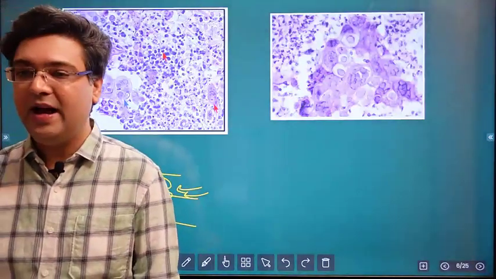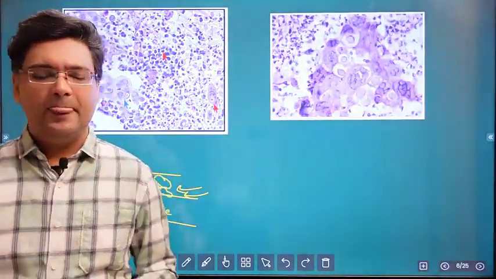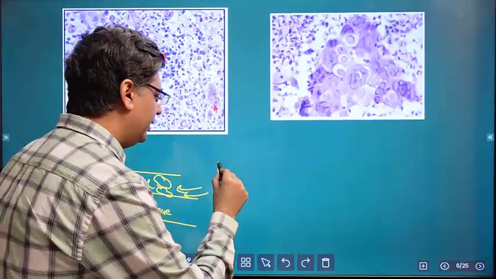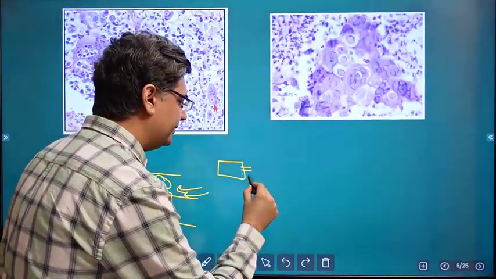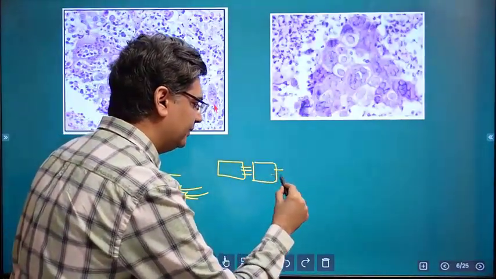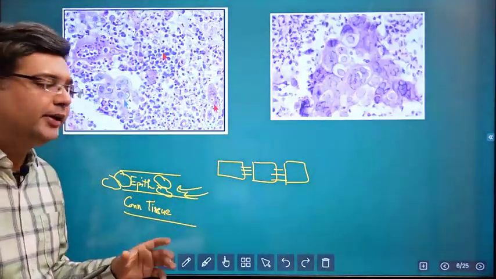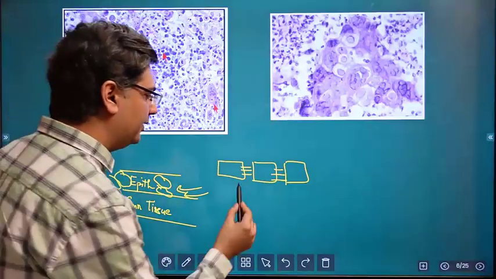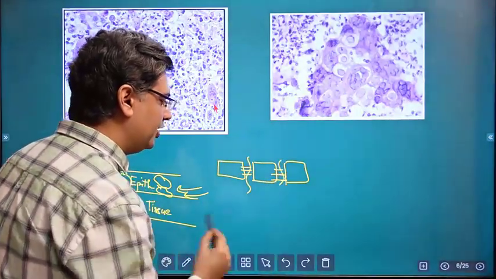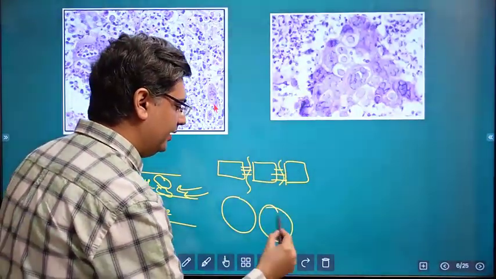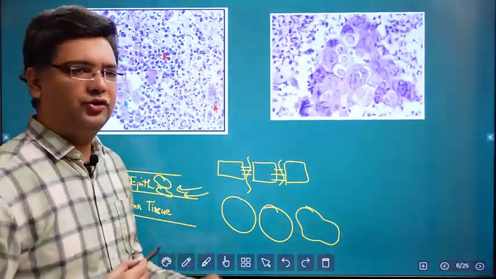Now generally what happens here is that the normal epithelium has these connections between two cells. This is a third cell. So this is how they are laying down normally. But when the virus comes here, these cellular connections are broken and the cells become a little bit roundish in shape.